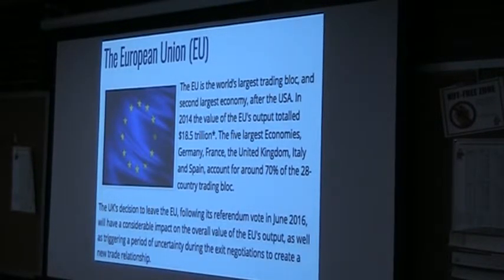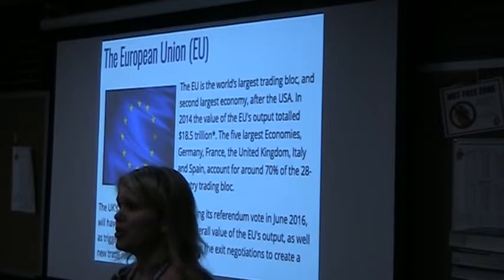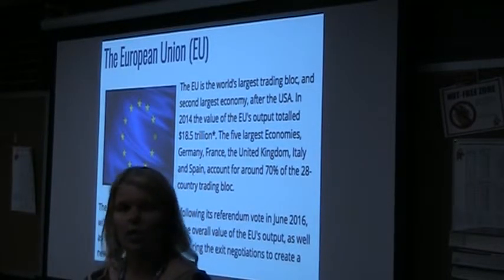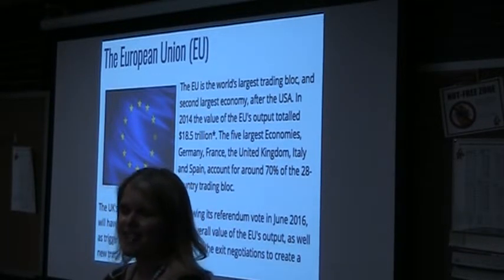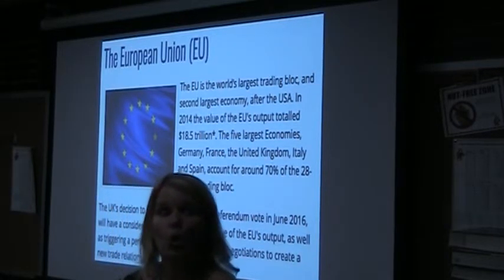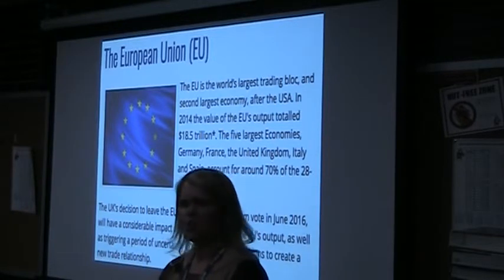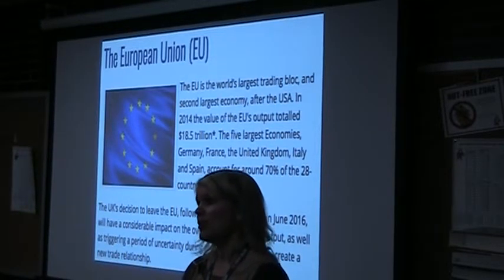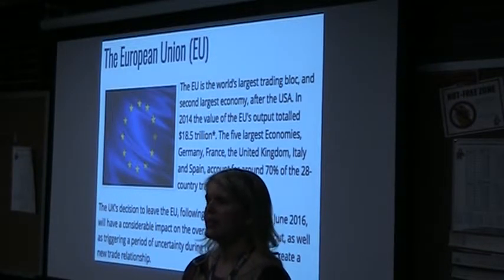European Union brought together initially the countries of Western Europe, and it's expanded. The point of the European Union is to create a huge market with no borders, with free trade, and the same currency. It has been wildly successful economically, but because the European Union is more than just an economic union, it's also into social policies, and one of the reasons the British left was because of immigration requirements.